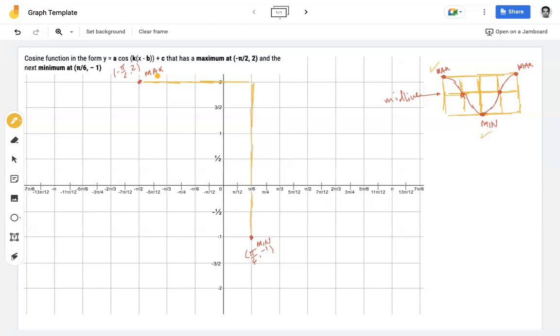If that is 1, 2, 3, and 4 squares, we need an additional 1, 2, 3, and 4 squares to complete the other half of the graph. So we can end at the other maxima.